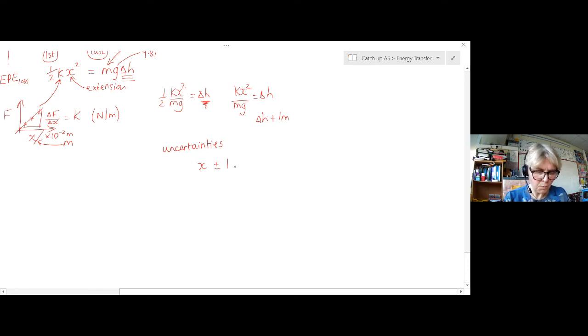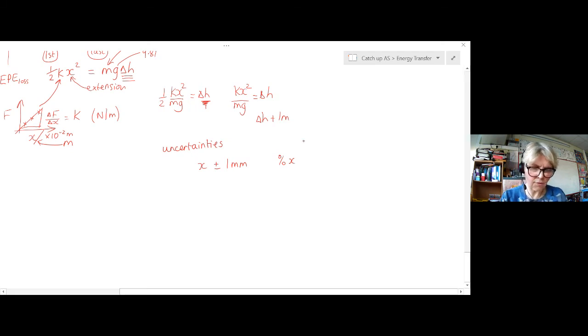So let's go with 1 millimeter. You can write it like that, or you can say 0.1 centimeter, or you can say 0.001 meter. To work out the percentage uncertainty in x, it depends how you've written your x, whether it's in millimeters or meters, but just be consistent with what you use.